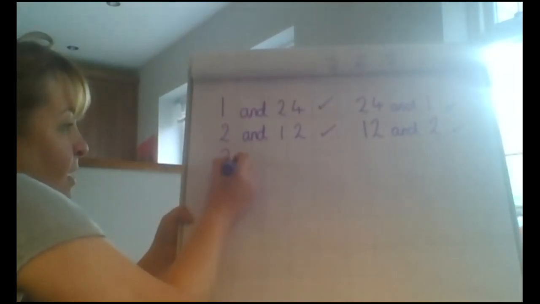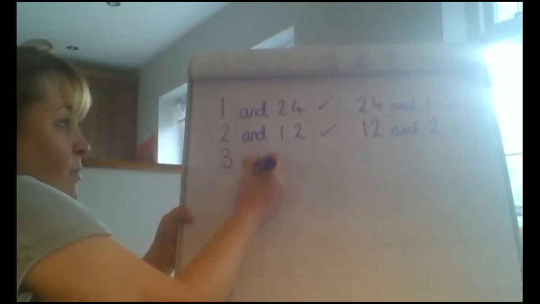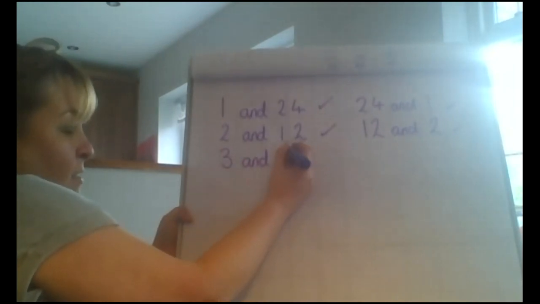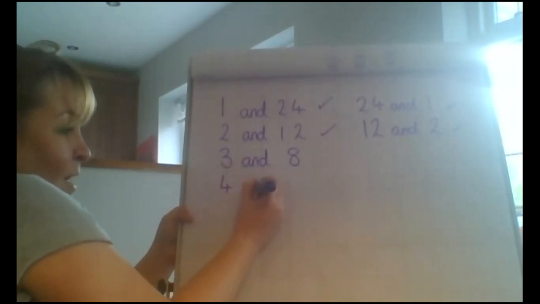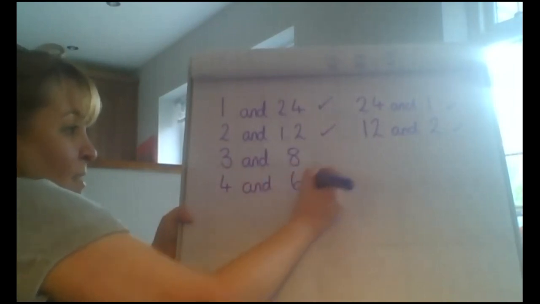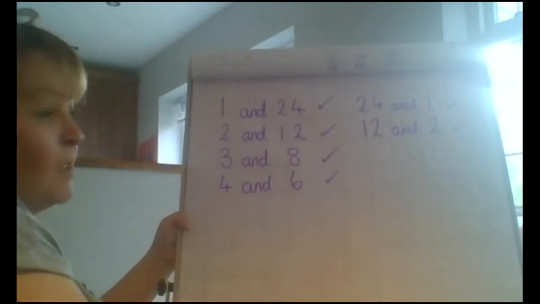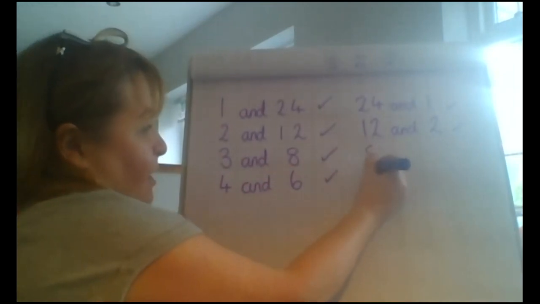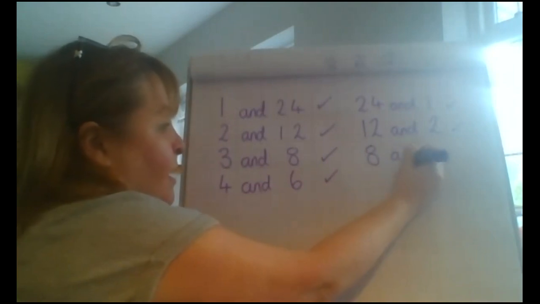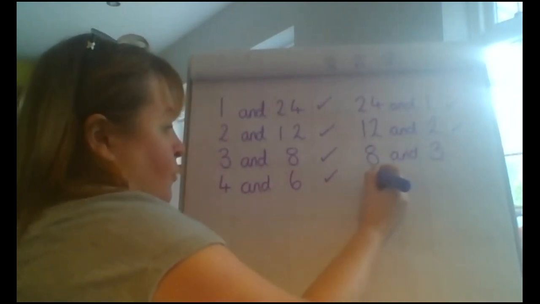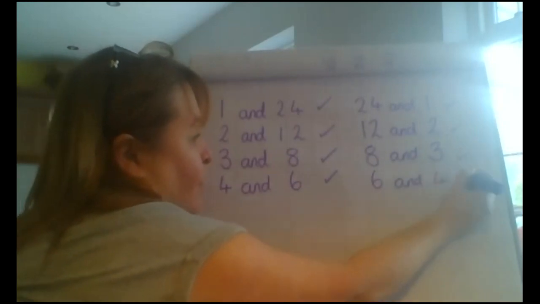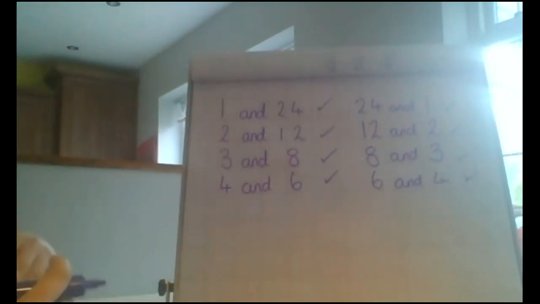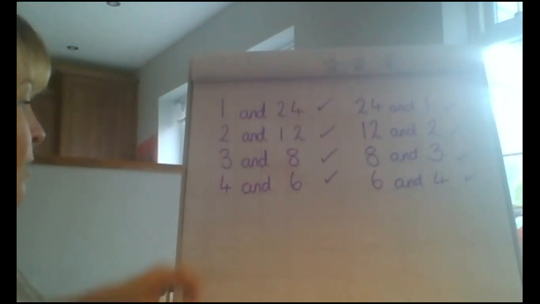If you did 3 and 8, is it in the 4? 4 and 6, so they would both be right. Again, if you swap them over, 8 and 3, or 6 and 4, because remember, they are the same factor pairs, you've just switched the numbers around.